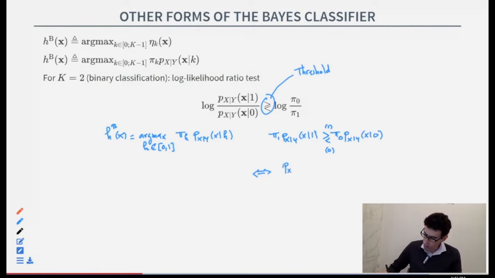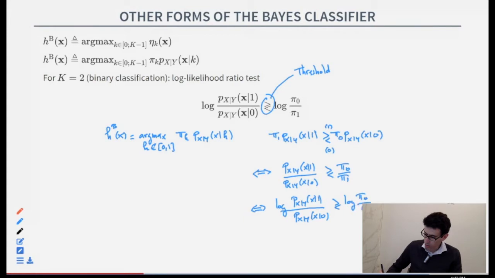I can say that it's the same thing as comparing the ratio p(x given y=1) to p(x given y=0) to a threshold, which would be pi_0 over pi_1. And of course, taking the log doesn't change anything, because log is an increasing function. So this is the logarithm of pi_0 over pi_1.